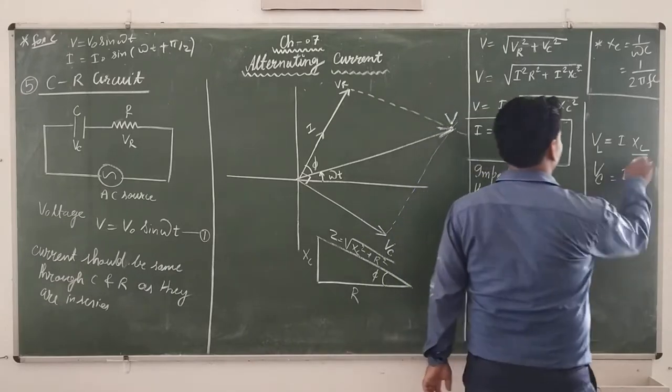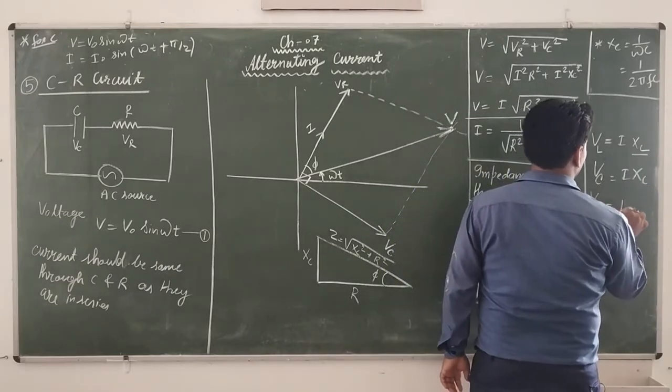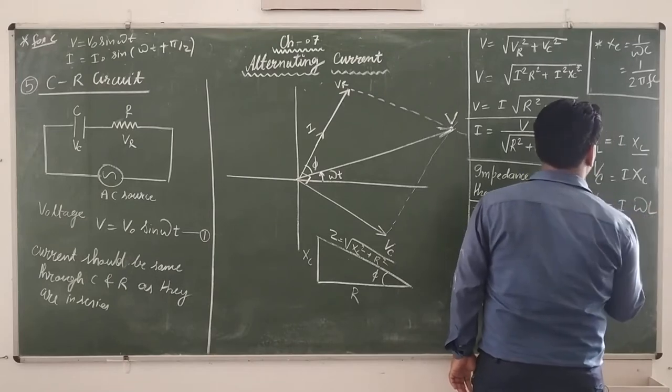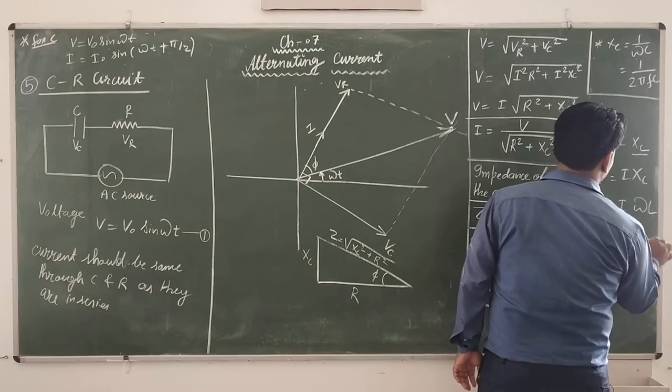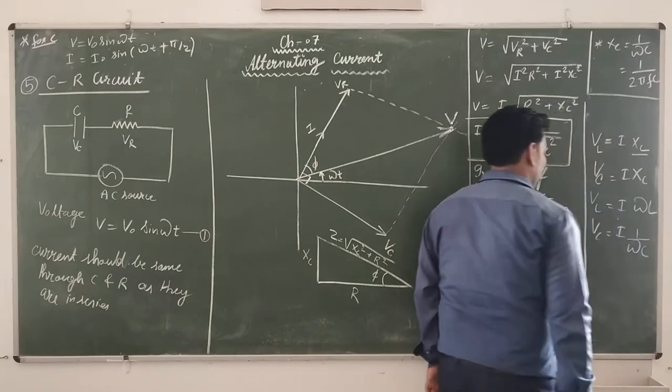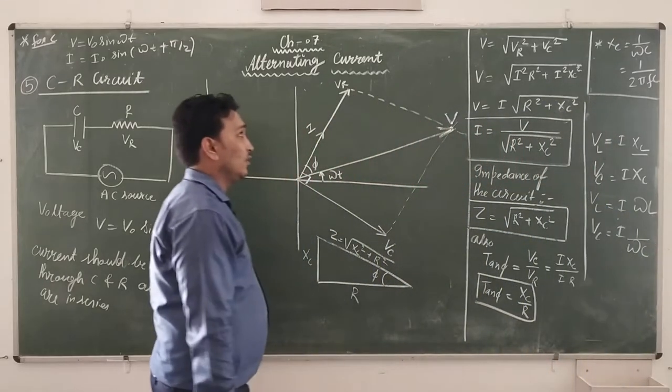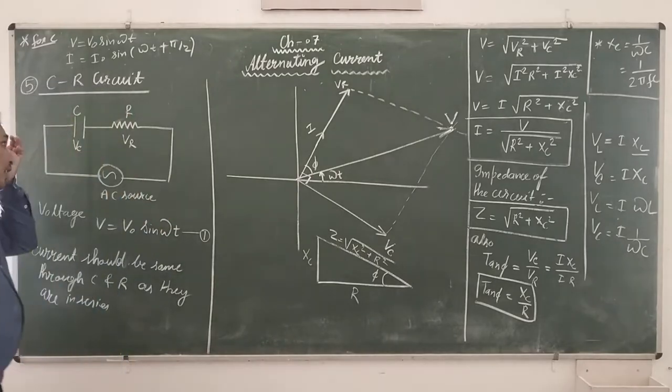If you put the value of XL, it will be I into omega L, and for VC it should be I into 1 upon omega C. Okay, so this is all about the circuit containing C and R.